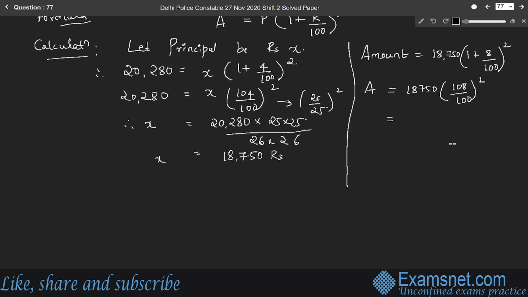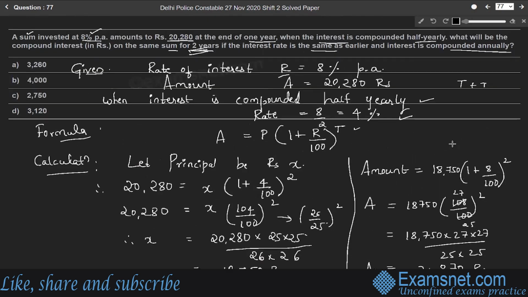So this can be written as 108/100. So 4 into 27 is 108, 4 into 25 is 100. Therefore, 18,750 into 27 into 27 divided by 25 into 25. Right? So after simplification, we will get the amount A as 21,870 rupees. So what exactly is asked in the question?